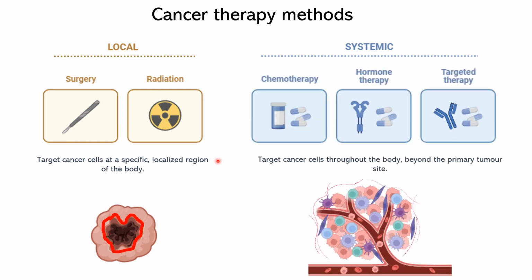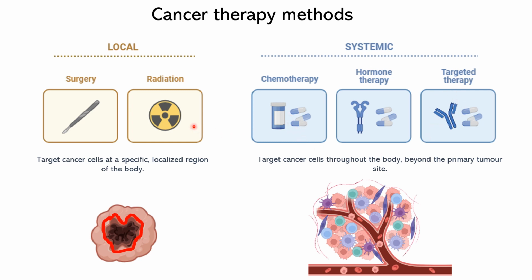However, systemic therapies are usually used when the cancer goes throughout the body and leaves the primary site. In those cases, as we know now, they are called malignant tumors. And in that case, there are chemotherapies, which use drugs, hormonal therapy, and also targeted therapy, like immunotherapy.